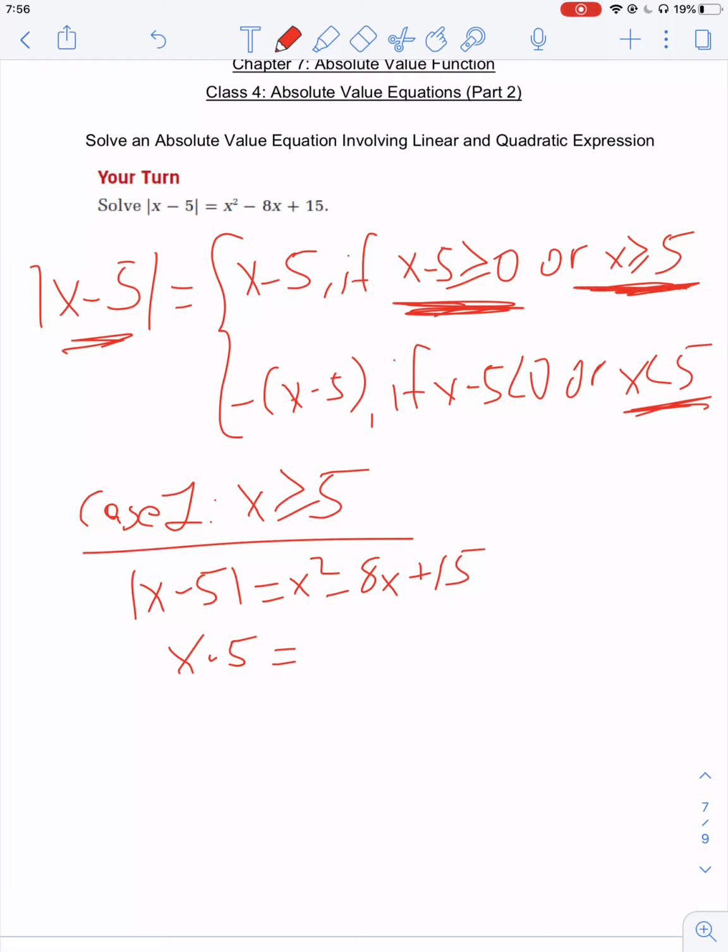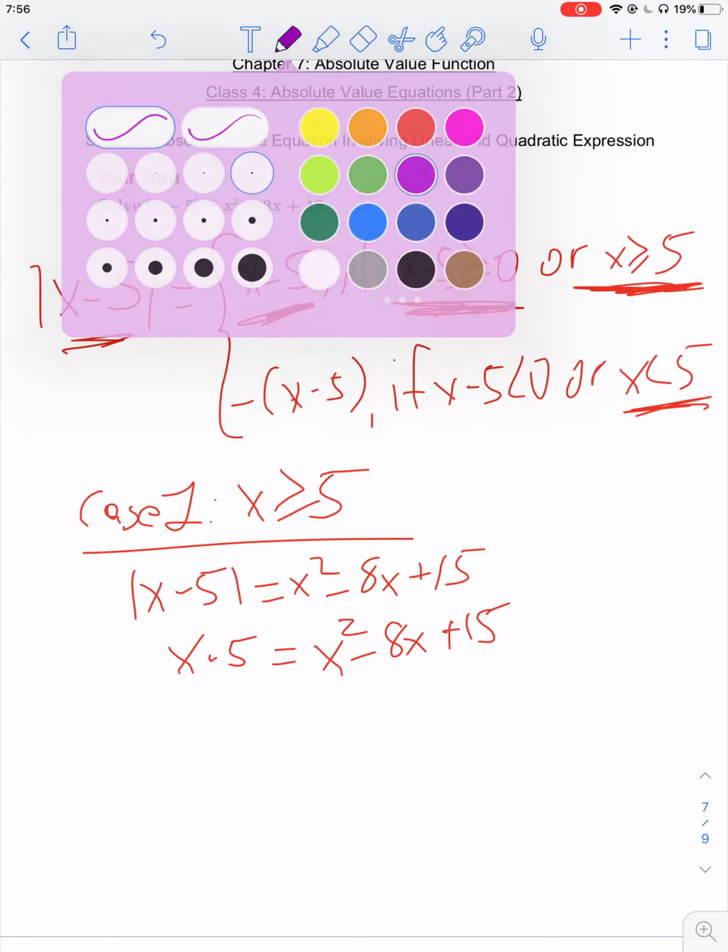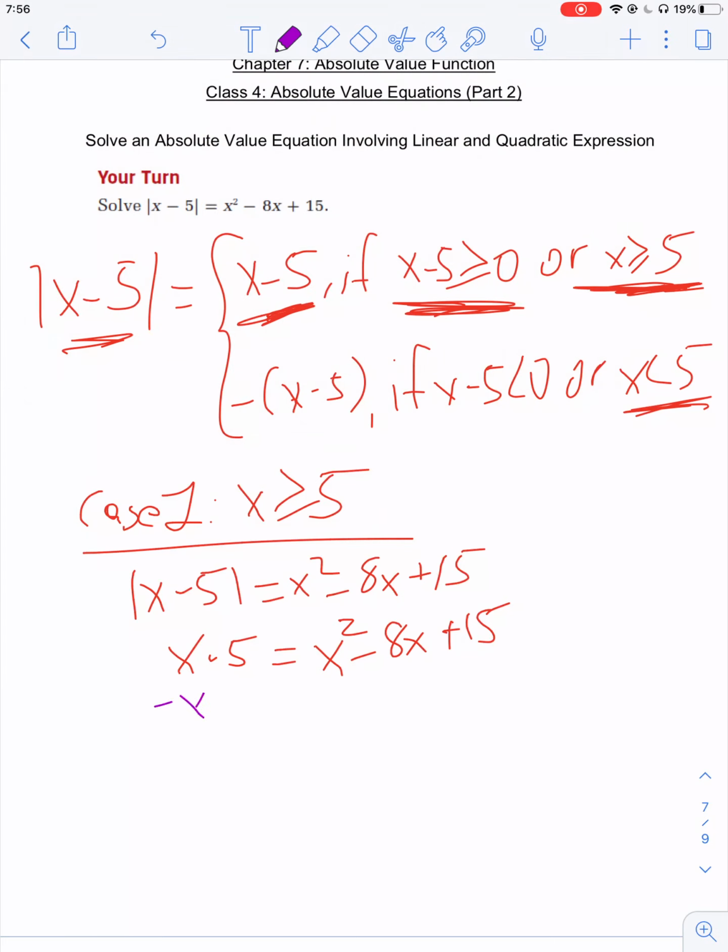Because x is greater than 5, so I can just replace this absolute value by that, kind of like what you did last week. And then now you have x squared minus 8x plus 15. Again, I like to keep my coefficient positive, so I'm actually going to remove these guys. So minus x plus 5, minus x plus 5.